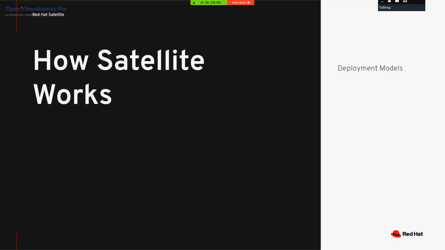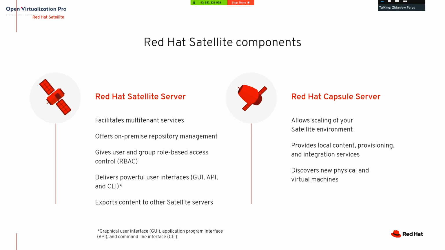Okay. How does Satellite work? Generally, many small installations use an all-in-one Satellite server, which has a web-based GUI, a CLI based on the hammer command, and of course multi-tenancy, role-based access control, etc. In the biggest installations, or in, for example, a very strange network configuration, you can use a separate Capsule.